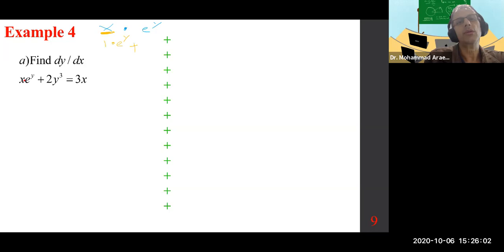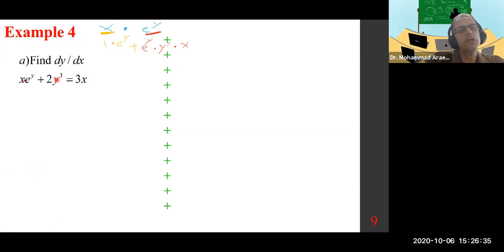What about e to the power of y? E to the power of y, the answer is itself, e to the power of y. Why? Because it's an exponential rule. And therefore, we continue with more. We look at the exponent. The exponent is a function of x, not x, so times y prime. And then by the product rule, times x. So that's just this first piece. The rest are easy.